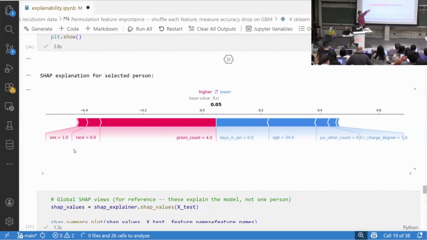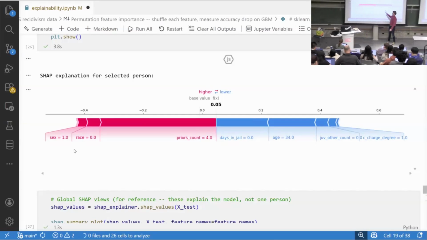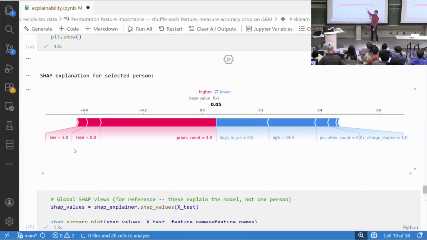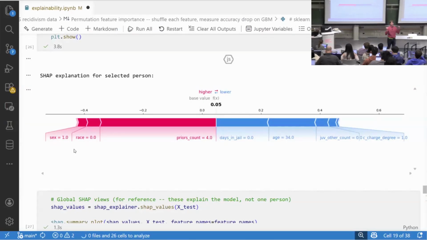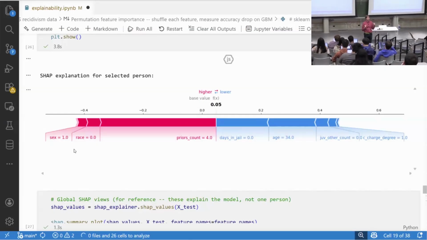Your sex and your race were also not helping, but it only pushed you a little bit into this direction. But the model also considered factors like you're pretty old, you're less likely to reoffend, but this was more important than this in a way, right? So it tries to tell you which features pushed in which direction and how hard they did.